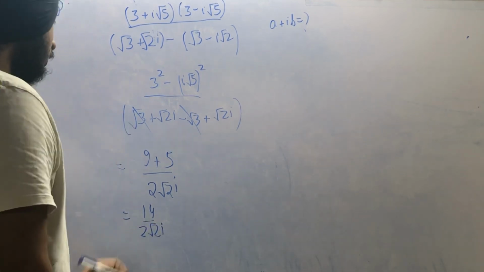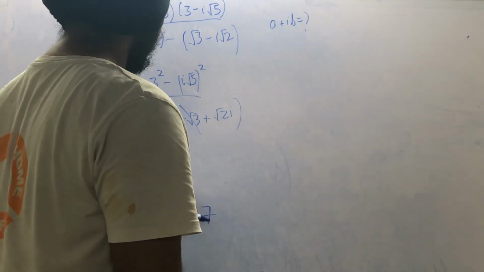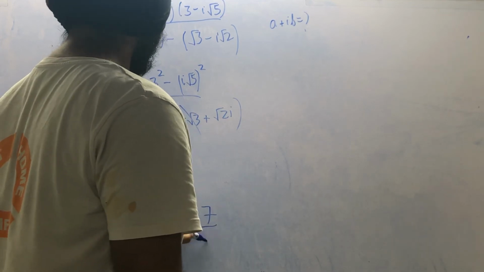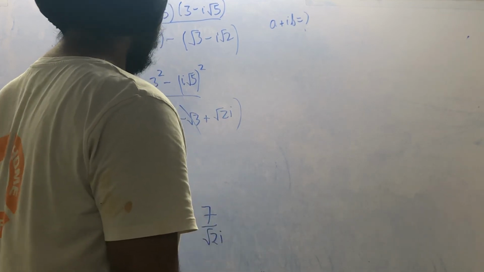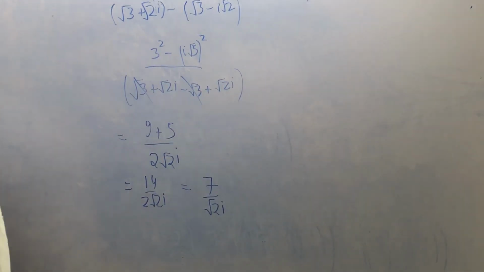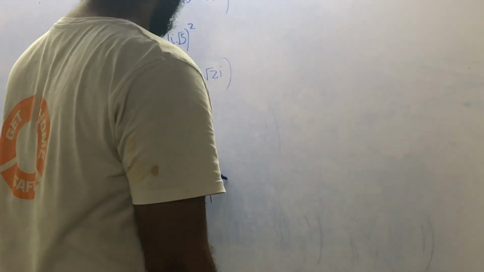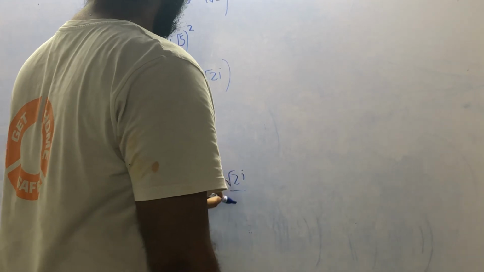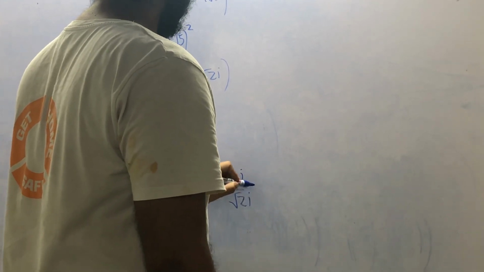So 14 by 2 is how much? 7 upon root 2 iota. See, you cannot leave this question in here because you have to show this form. So just rationalize it. So multiply by root 2 iota and divide by root 2 iota.